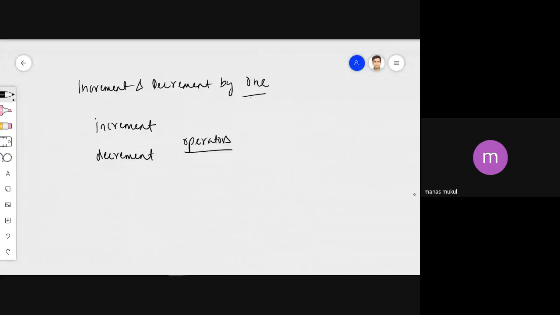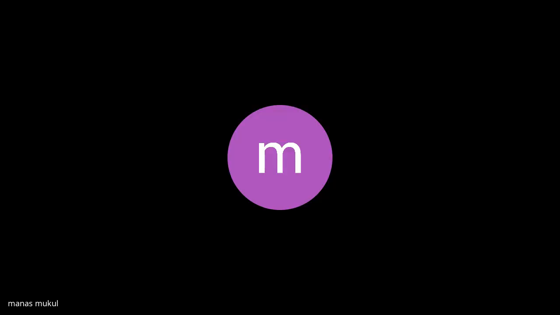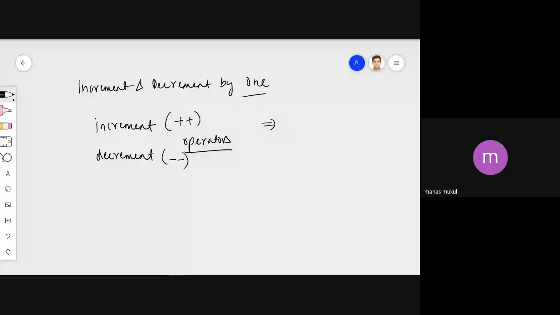What these operators do is x is equal to x plus 1, or if you are writing an expression, x is equal to x minus 1.